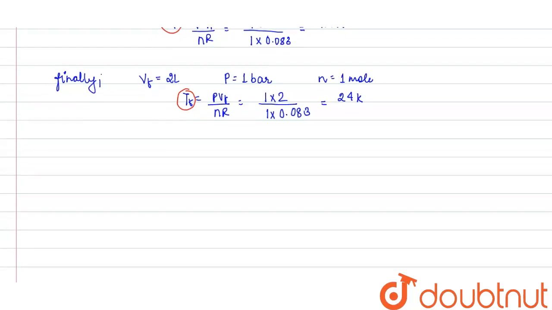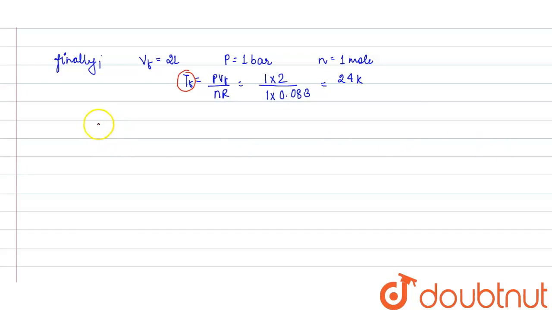Now see how we will solve. We know that delta H is equal to n Cp delta T, and delta U, that is internal energy, is equal to n Cv delta T. Here Cp is the specific heat at constant pressure and Cv is the specific heat at constant volume.